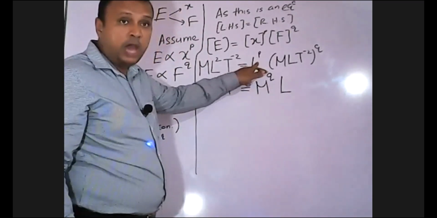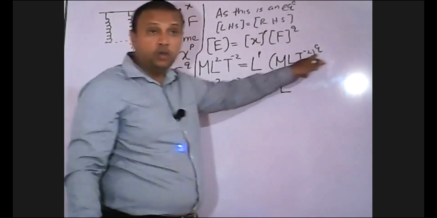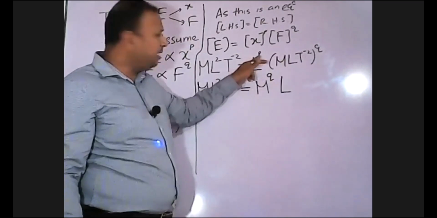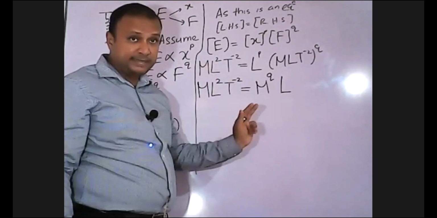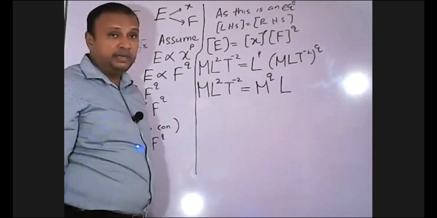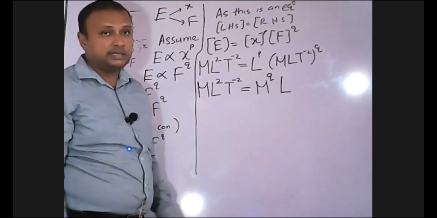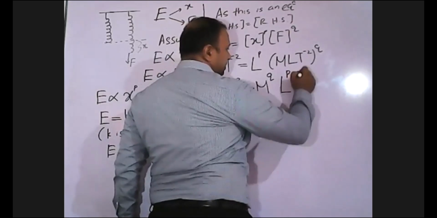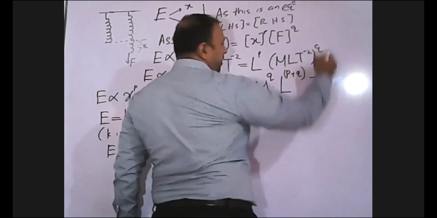In here, you have L to the power p, and L to the power q. Both terms are multiplied. Same base terms are multiplied. So when it is multiplying, what will happen? The powers will be added. p plus q. Then T to the power minus 2q.